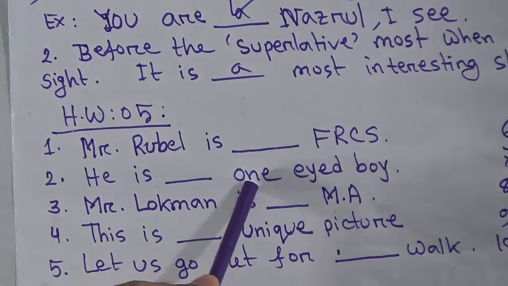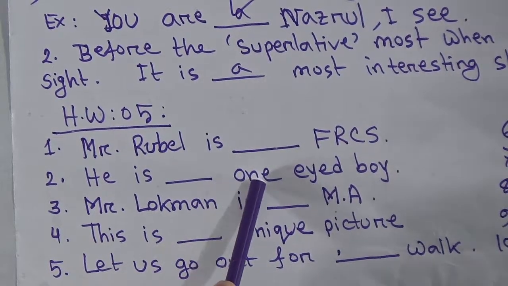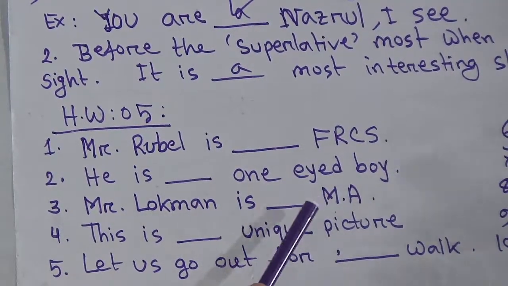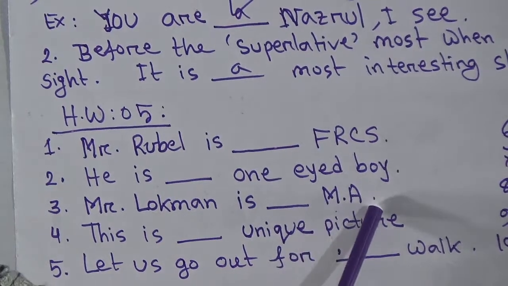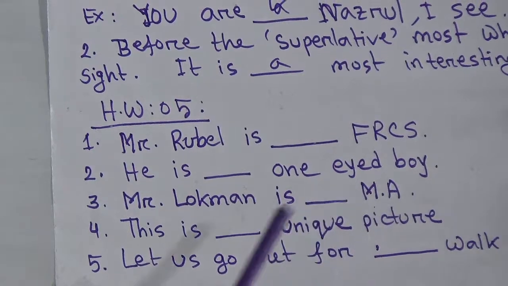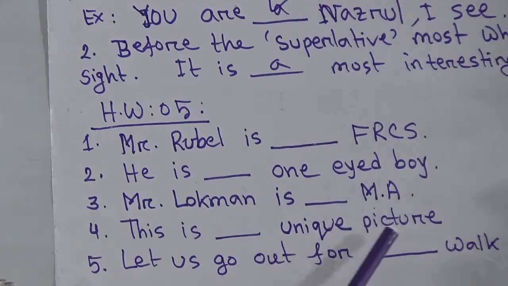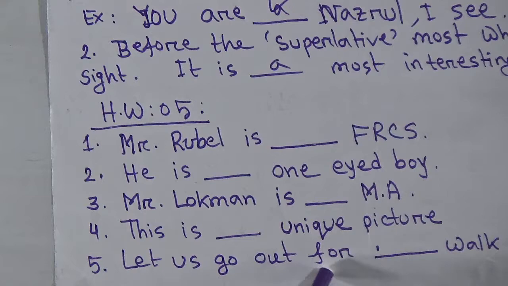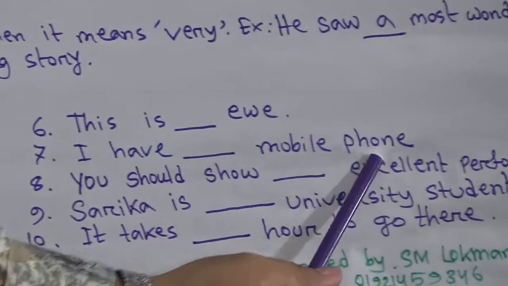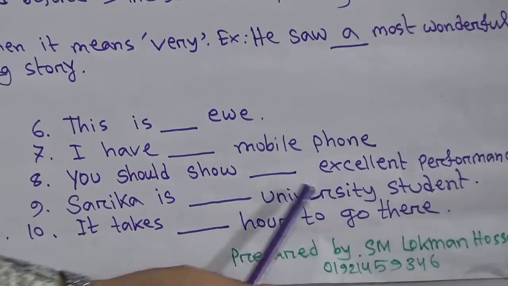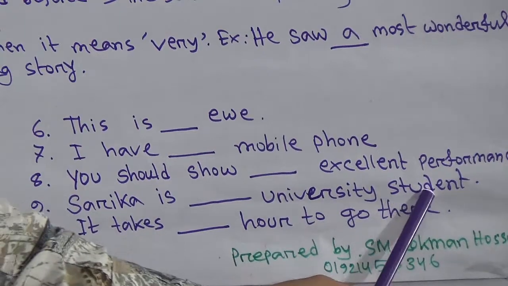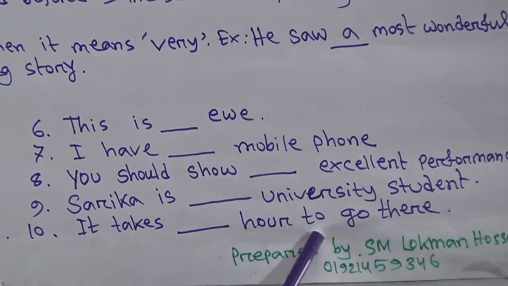Mr. Lokman is MA. Just try to produce the word MA, then you will find out the article. This is unique picture. Let's go out for work. I have mobile phone. You should show excellent performance. Sarika is university student. It takes hour to go there.